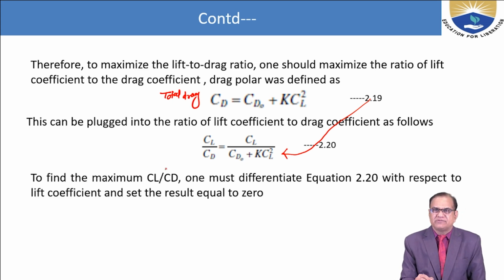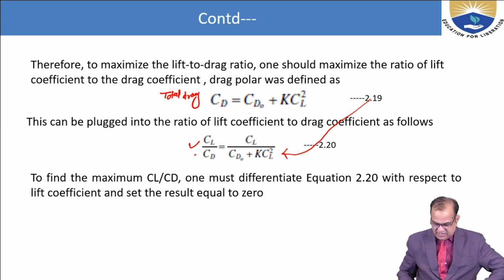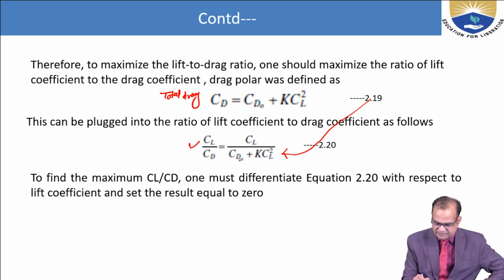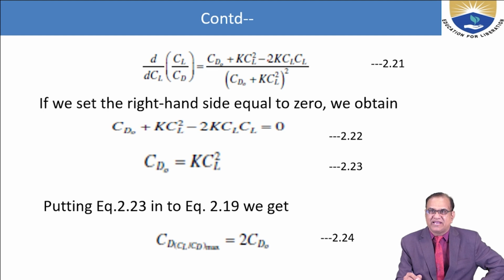So to find the maximum CL by CD, one must differentiate equation 2.20 with respect to the lift coefficient and set the result to 0. We differentiate d(CL by CD) with respect to CL, and we get the numerator (CD naught plus K CL square) minus 2K CL into CL, divided by (CD naught plus K CL square) whole square.